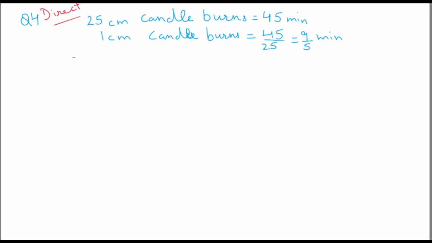Coming to next, they're saying 5 centimeter longer. 25 plus 5 equals 30 centimeter. We can keep this in the bracket. The 30 centimeter candle burns 9 by 5 into 30.